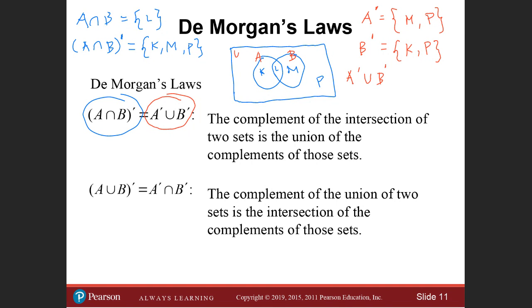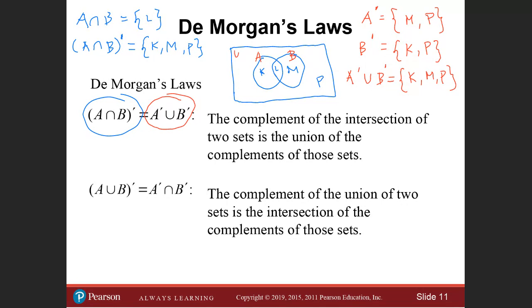When you see union, you just combine the two sets, the A complement and the B complement. So it will give you K, M, P. Okay, so they are just exactly the same.